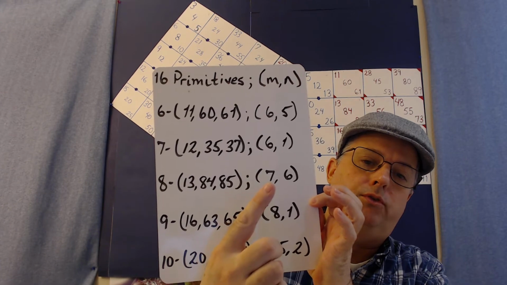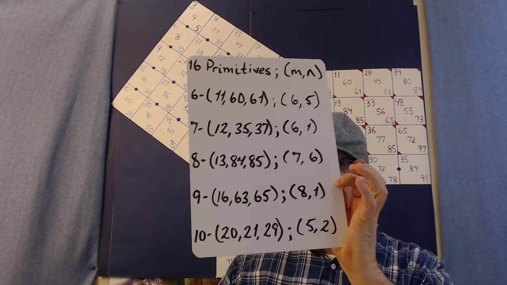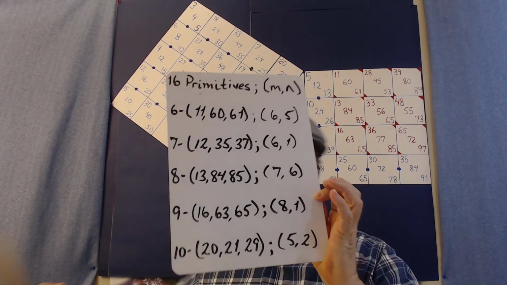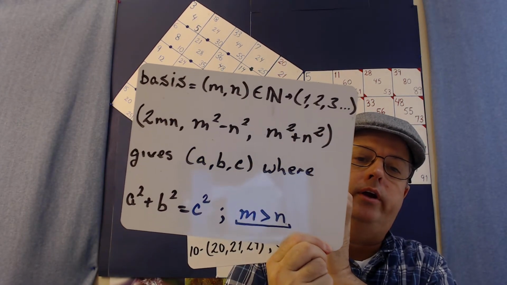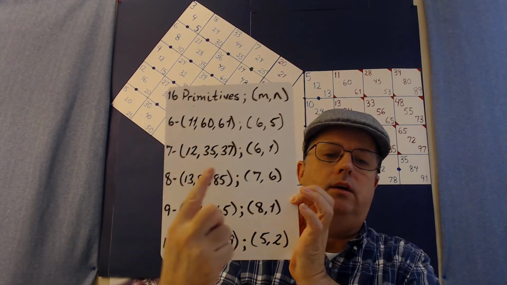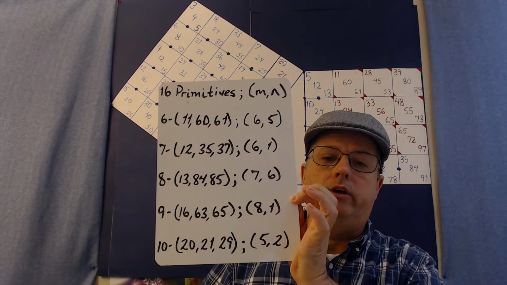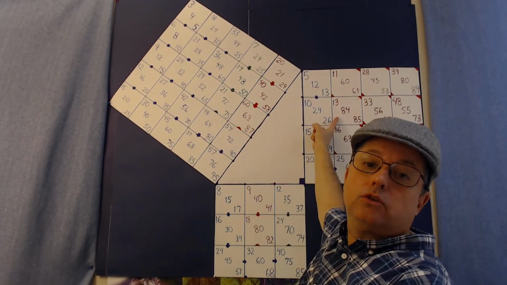So for instance, if you run the 7 and the 6 through our Pythagorean triple generator here, then you'll get the 13, 84, 85 Pythagorean triple, and that's this one here.